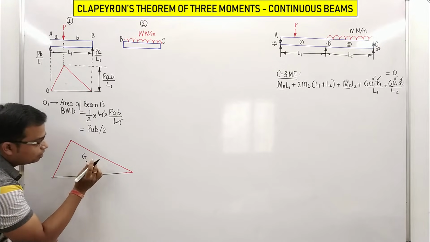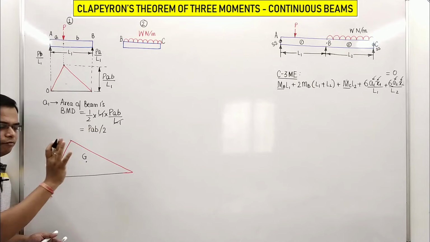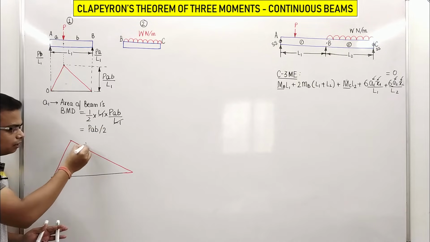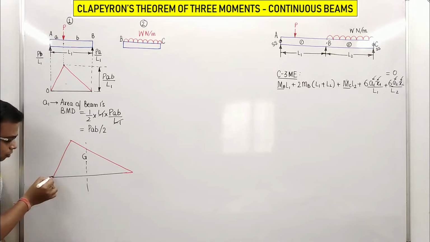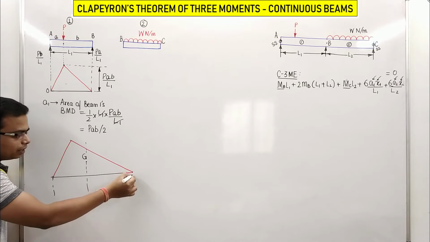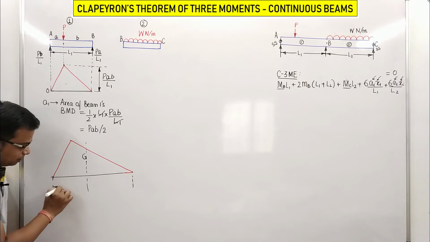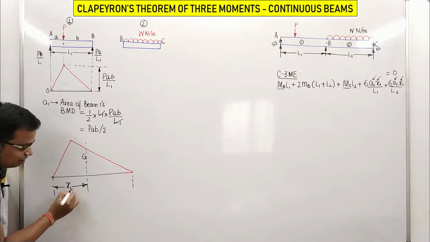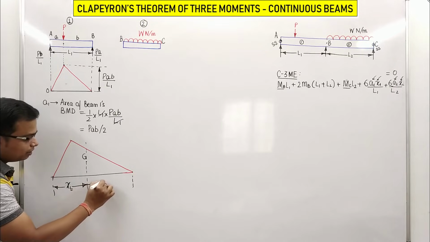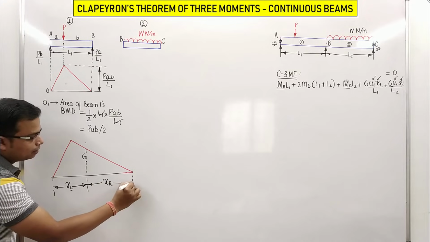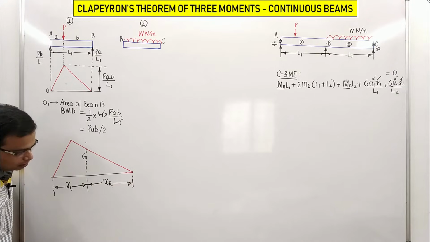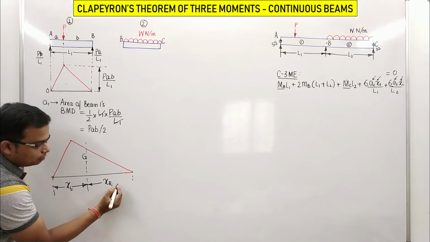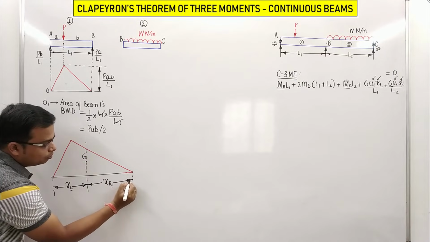Just remember what X1 and X2 are, and everything will get crystal clear. So I'll write two things over here from two different perspectives. This is XL, the distance of the centroid from the left, and this over here is XR, the distance of the centroid from the right.